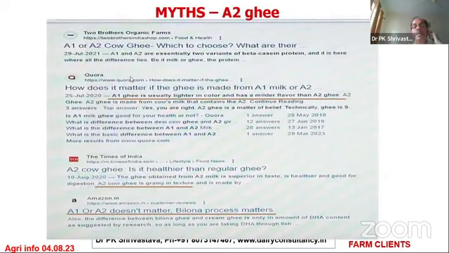What they are writing here is, A1 ghee is usually lighter in color and has a milder flavor than A2 ghee. The light color, gentlemen and also women, is because of the absence of carotenoid, which is found in cow milk and not found in buffalo milk. No buffalo milk has got carotenoid.